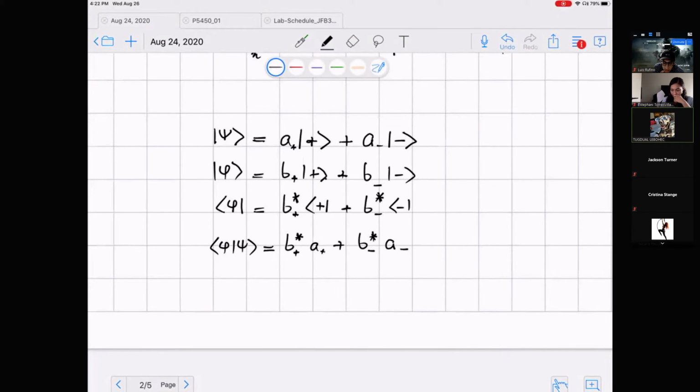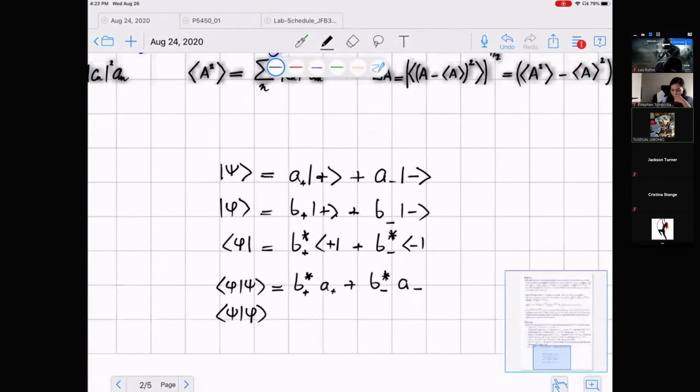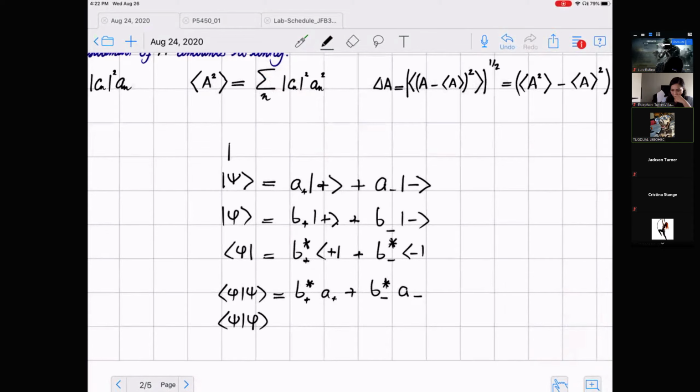Now, if I were to write psi phi, I would proceed exactly in the same way, using the bra psi as a plus star, plus, plus a minus star, minus.